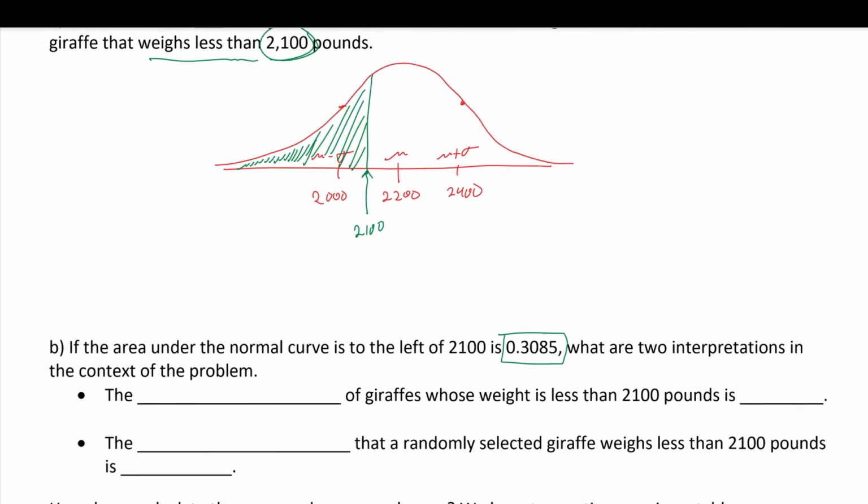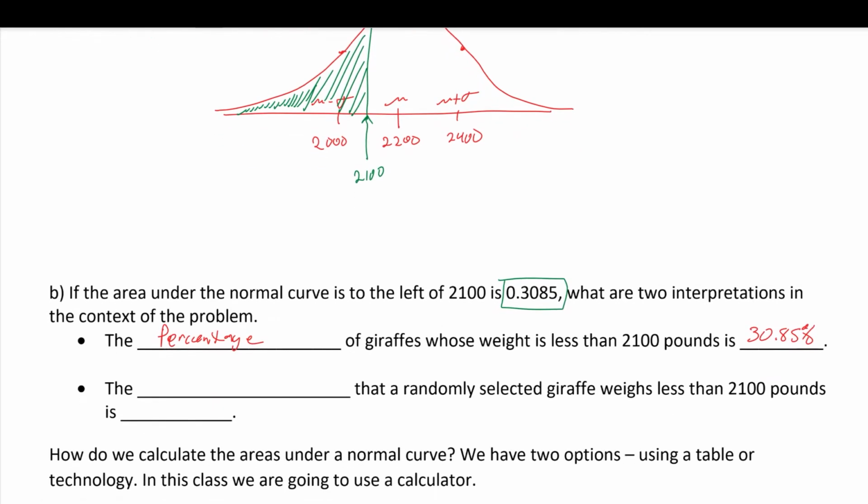So the first interpretation is that the percentage of giraffes whose weight is less than 2,100 pounds is, well, 0.3085 in percent form is 30.85%. The other interpretation is that the probability that a randomly selected giraffe weighs less than 2,100 pounds is 0.3085.